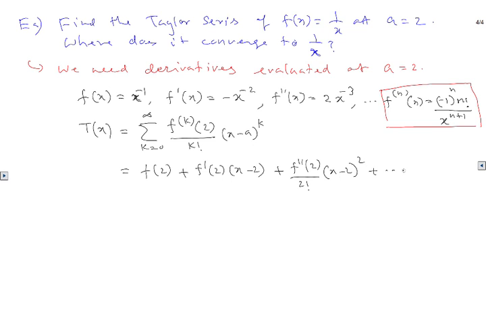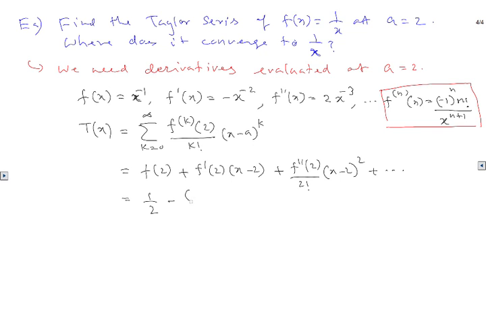So let's plug in. What is f(2)? We want to evaluate those derivatives at 2. If you plug in 2, you get 1/2, and then minus f prime(2): take the derivative, plug in 2, and it is negative 1/4.